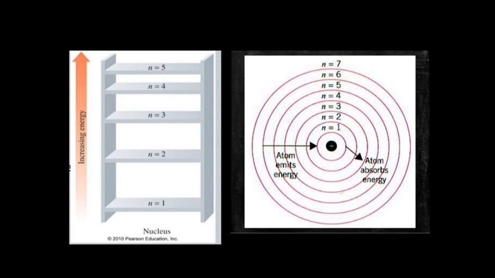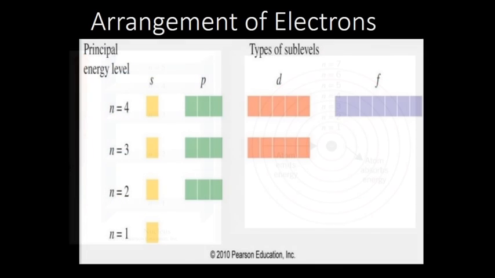So least energy will be for n is equal to 1. And in the ladder-shaped one, the lowest energy is represented as the lowest step of a ladder. Then each of these n levels has subshells S, P, D and F.